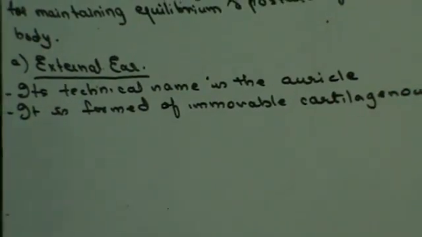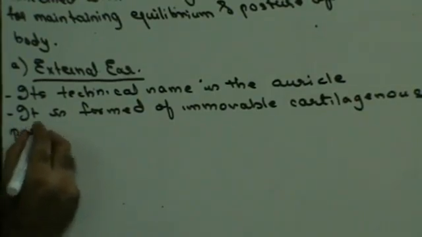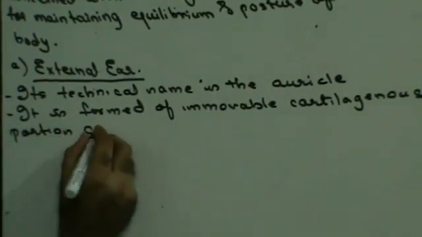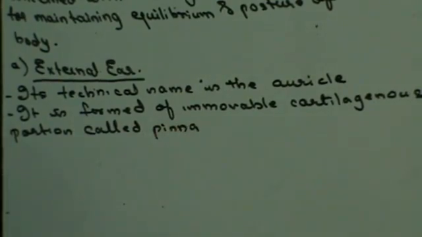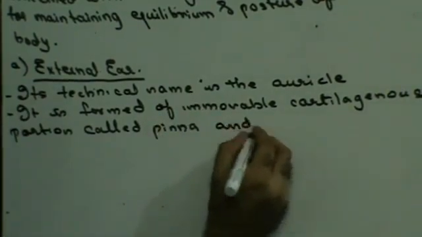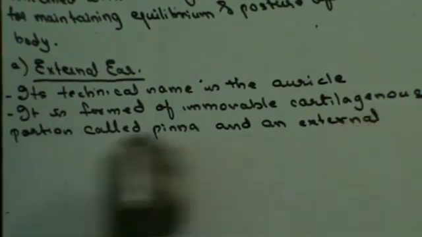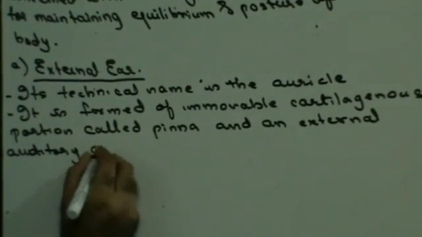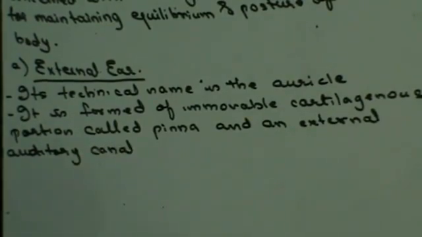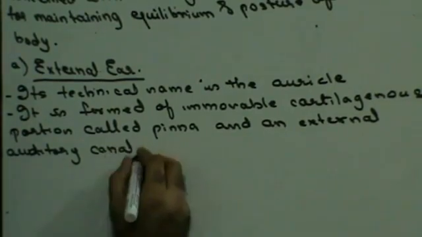It is formed of immovable cartilaginous portion called pinna and an external auditory canal that is protected with hair and wax.